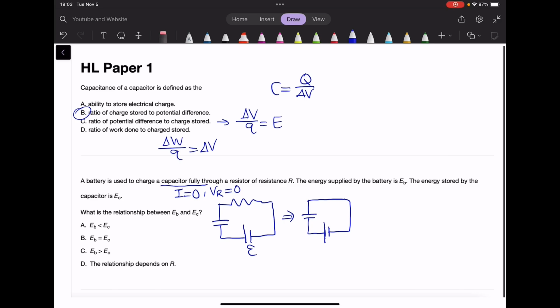So by loop rule, we know that the sum of potential difference across the circuit must be 0, which means that the potential difference of the battery is equal to the potential difference of the capacitor.